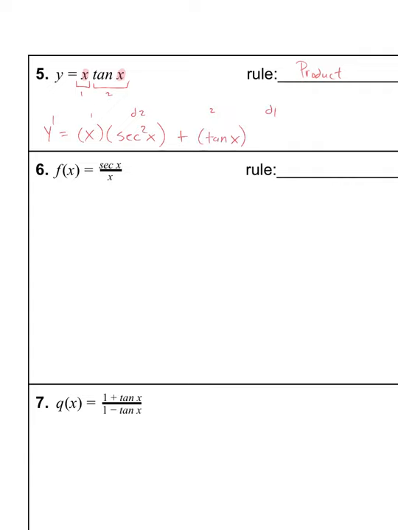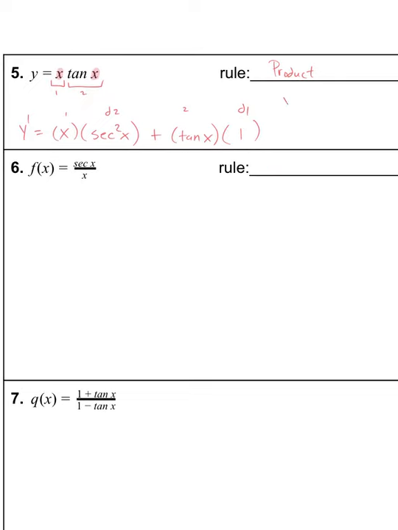And for the derivative of the first, that's just a power rule. The derivative of x is 1. All right, and there's really nothing to simplify there. I mean, we can clean it up. You could rewrite it as, hey, x secant squared of x plus the tangent of x. All right, there you go.